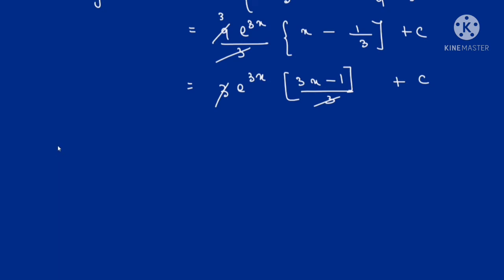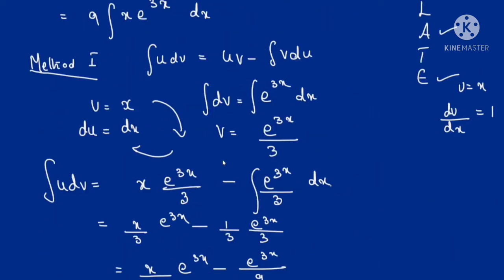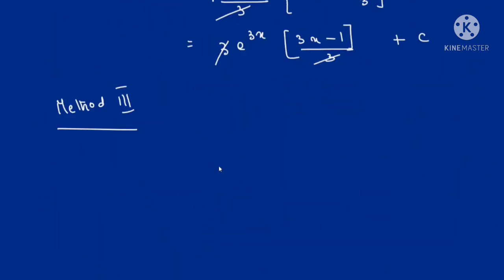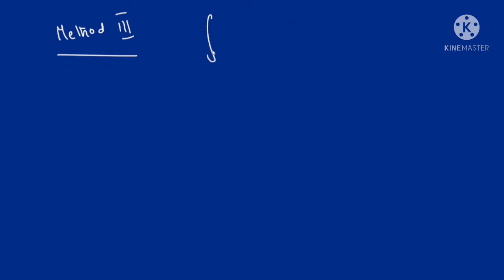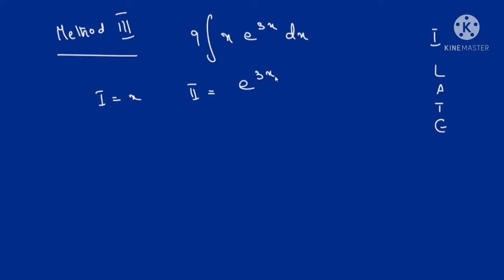Now the other method, you just don't take it as u and dv. So the question is the integral of 9x into e power 3x dx. Choose your first function, again the same hierarchy. So we are going to choose the first function as x. The second function I am going to take as e power 3x.